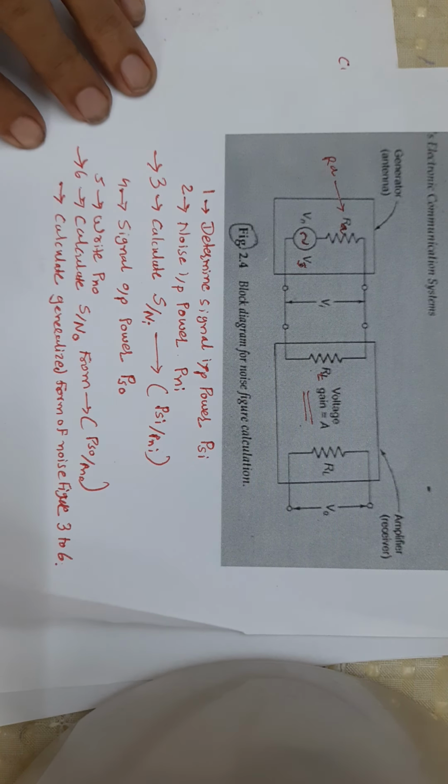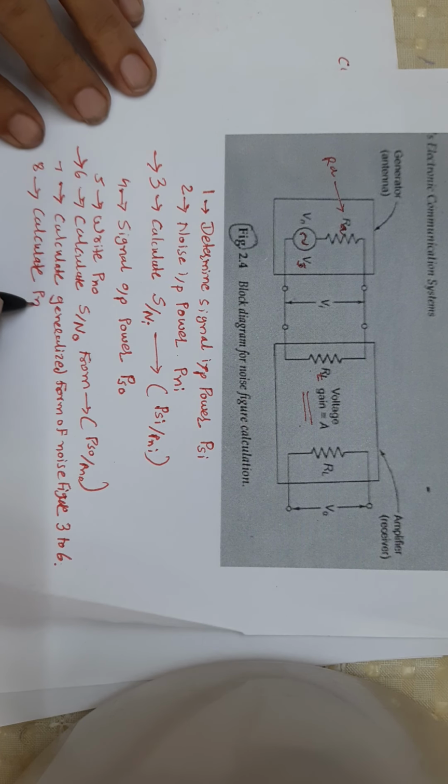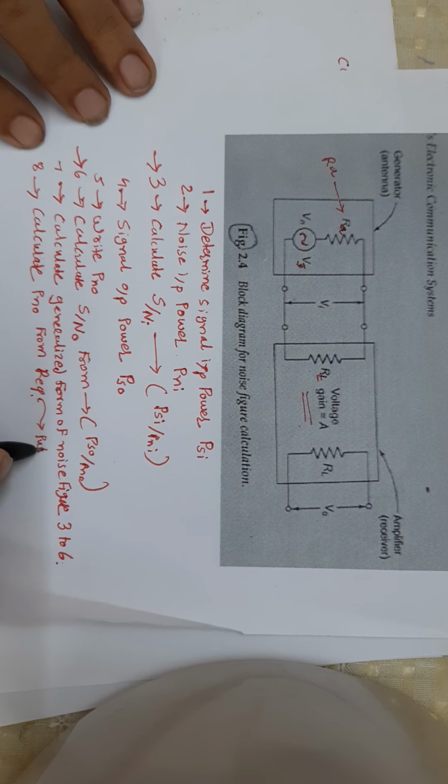With the help of steps 3 and 6, we generalize the form of noise figure. And the last one is to calculate PNO from R equivalent and substitute into the general equation for F, and put this in noise figure F to obtain the actual formula.